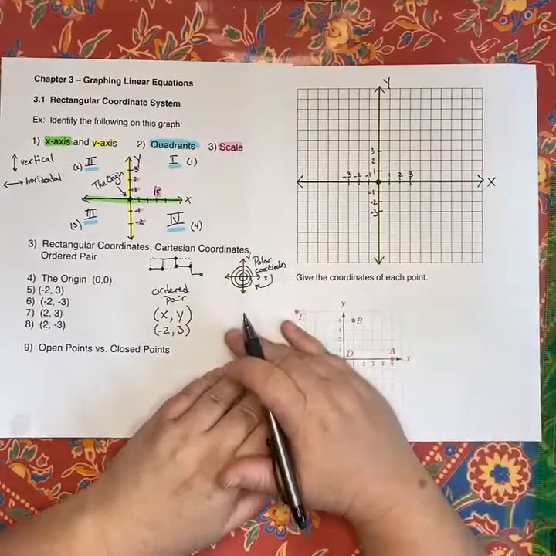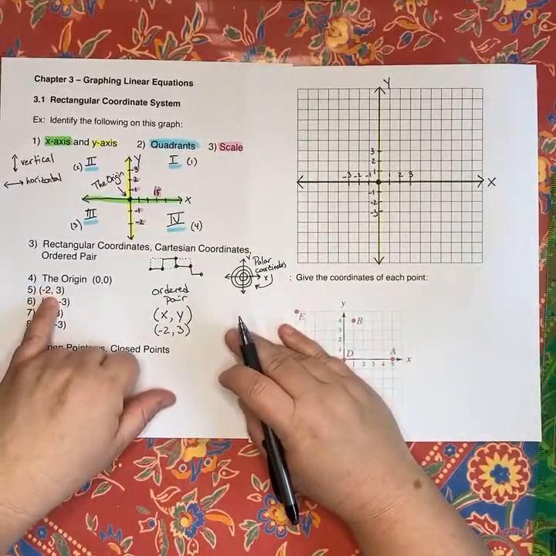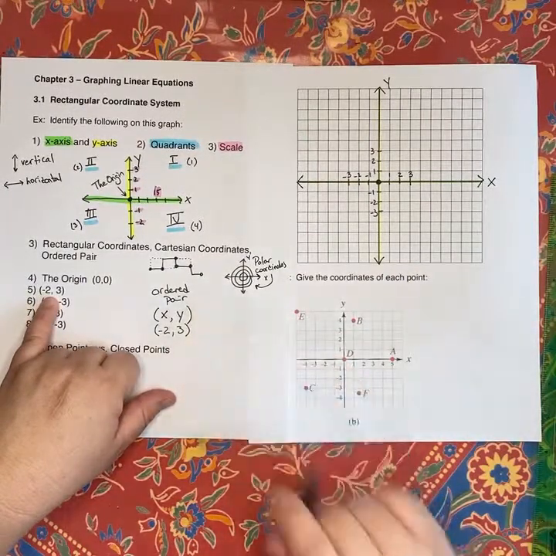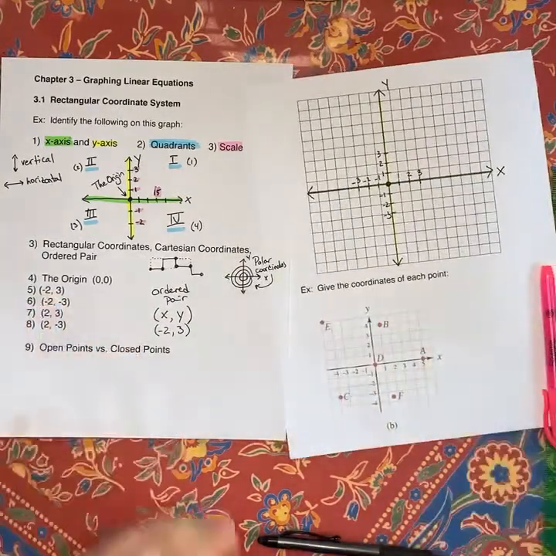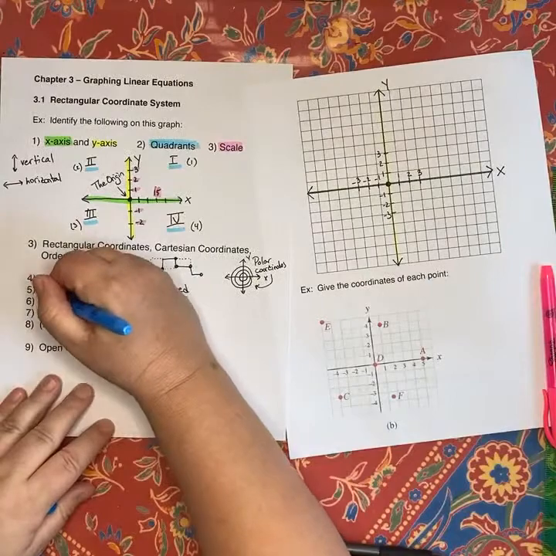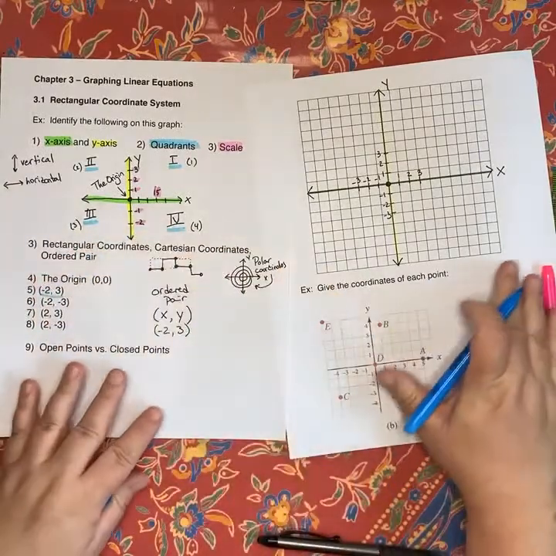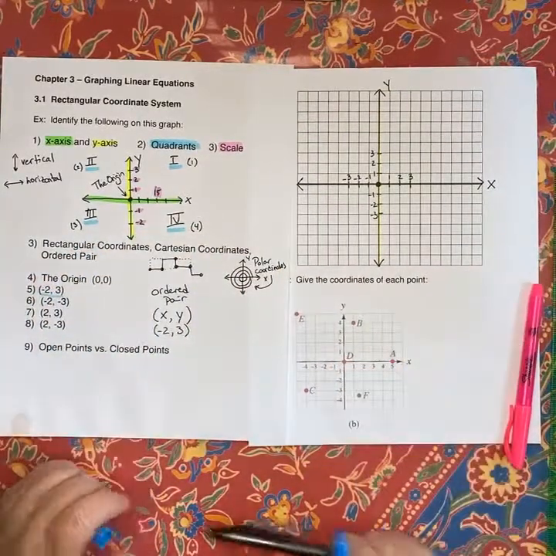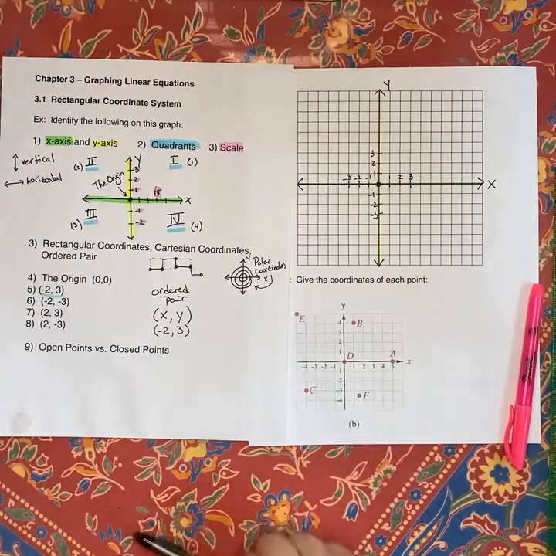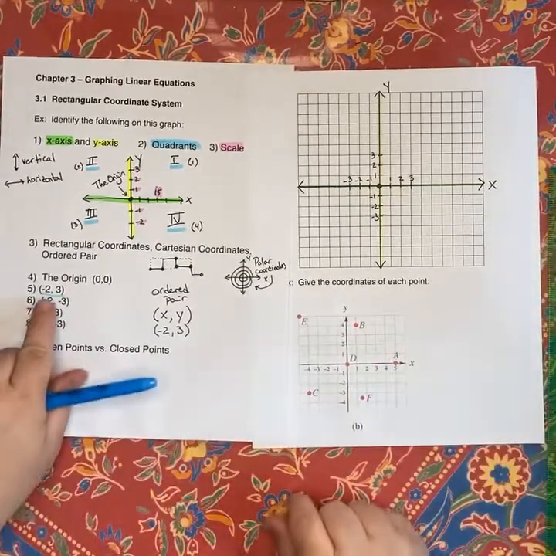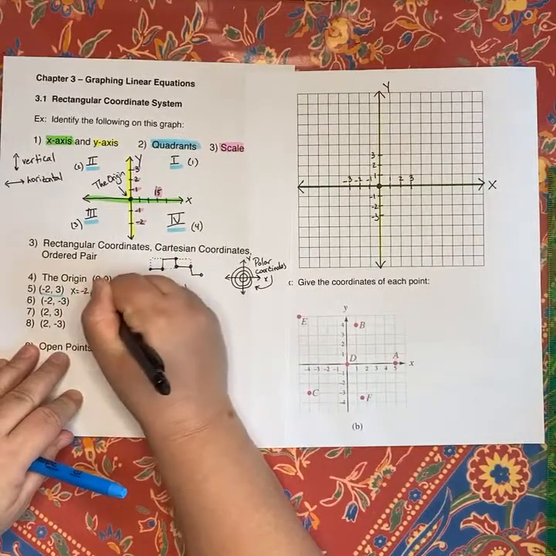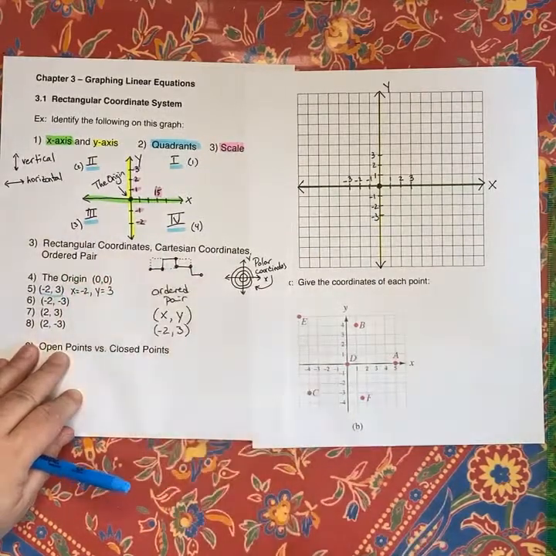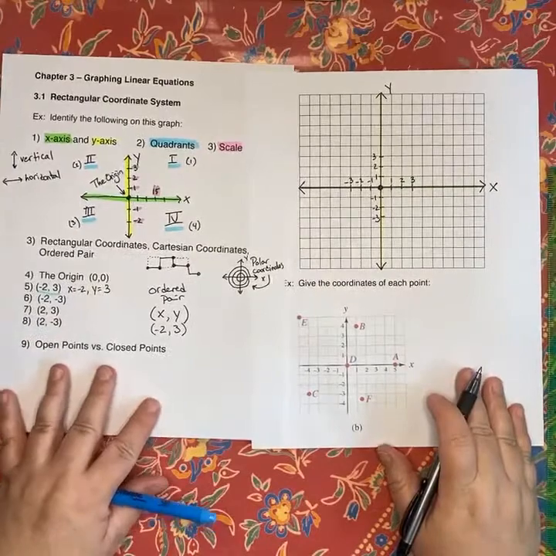There we go. If I want to graph number 5, -2, 3, let's see, I need some colors. Hopefully it won't be too confusing if I make this the blue one. -2, 3 tells me that x is -2 and y equals 3, because they're always written x and then y.